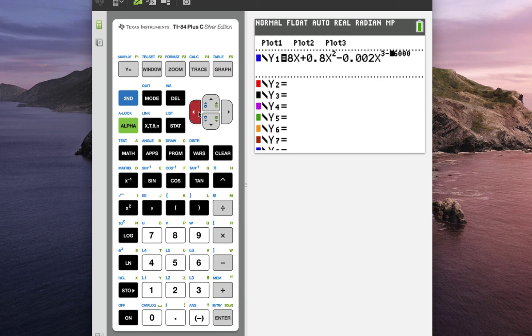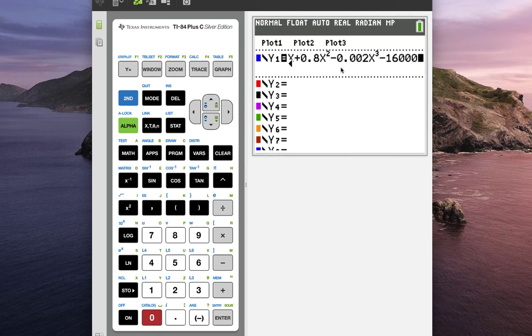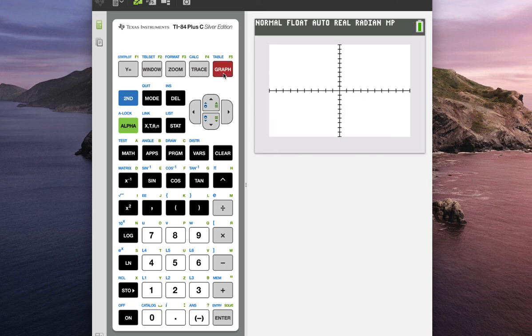Oops, I hate it when I do that. Minus 16,000. All right, so the graph here is likely going to be not a very good view. So if I just hit graph, I'm not going to see much here.